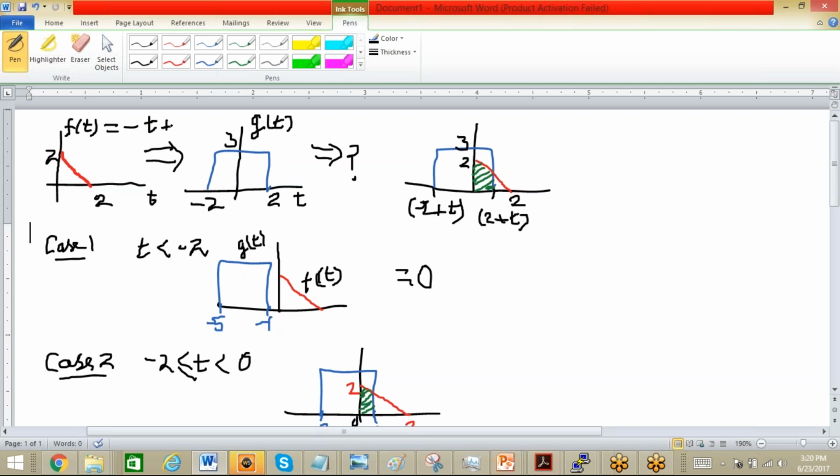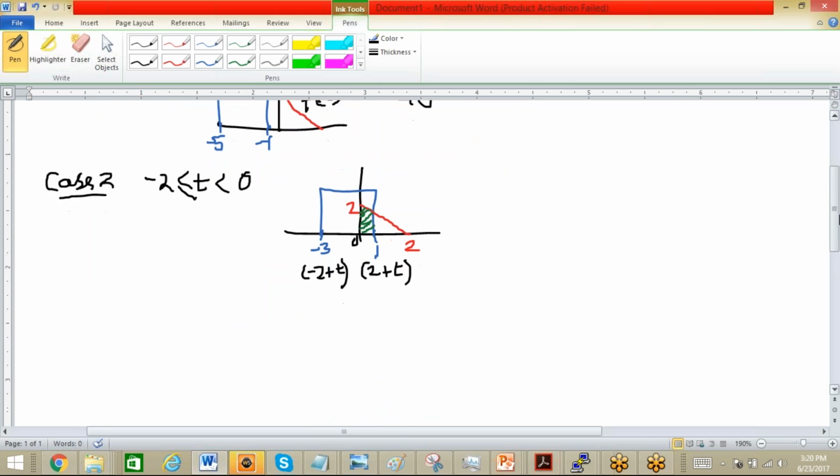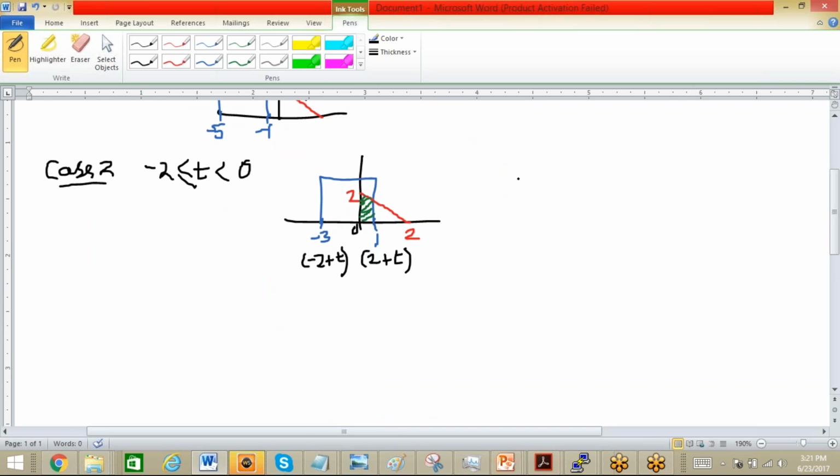Now we can proceed. In order to calculate this area enclosed over here, we can integrate. Create an integral; it should run from 0 to 2 plus t.